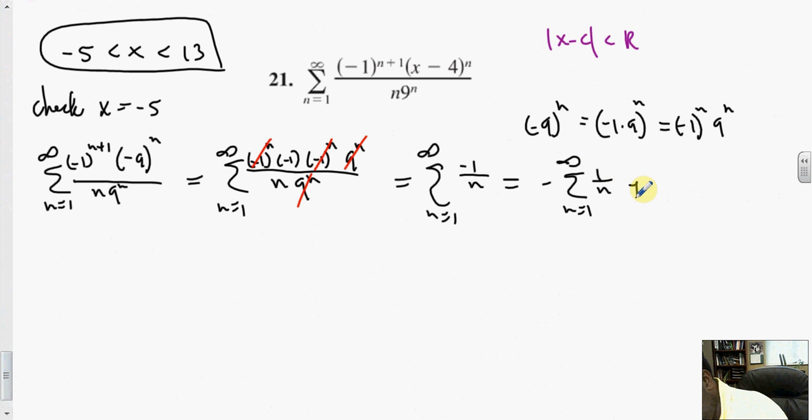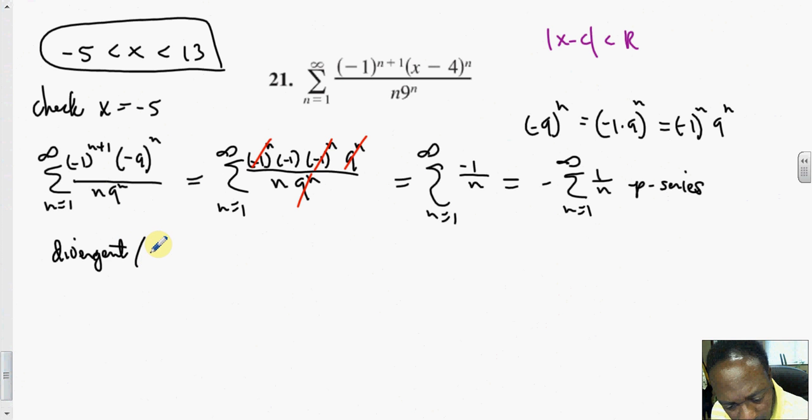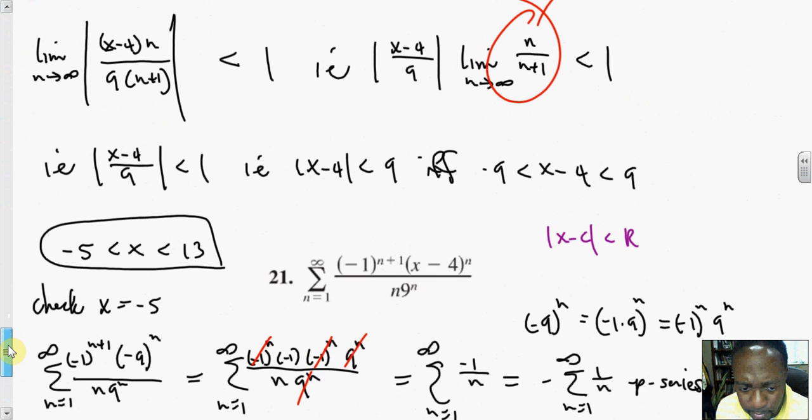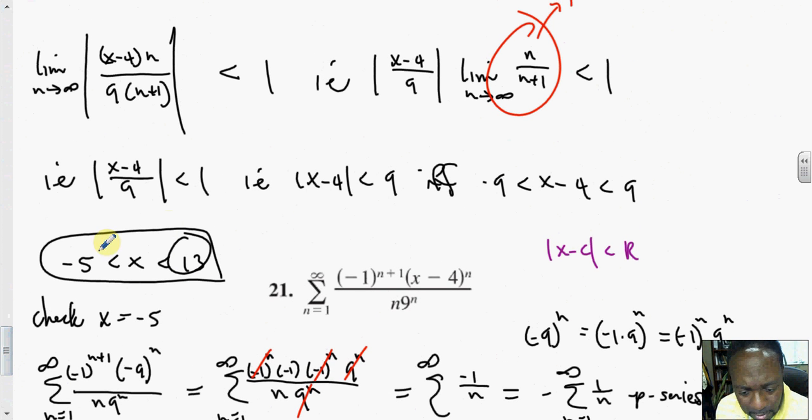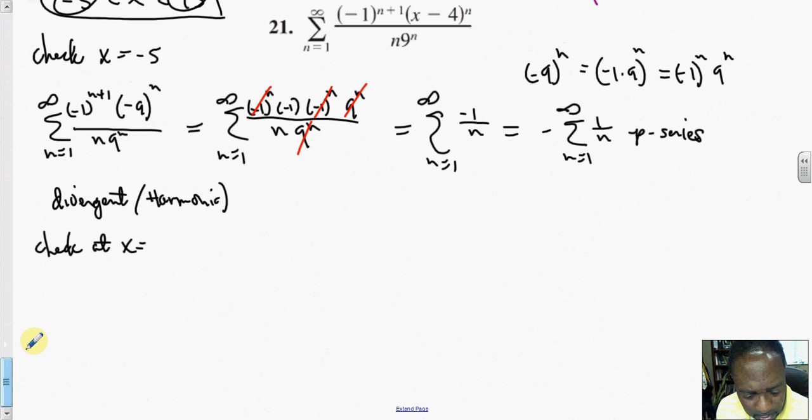This is a p-series, divergent. We call it harmonic. So now we check at x equal to 13.